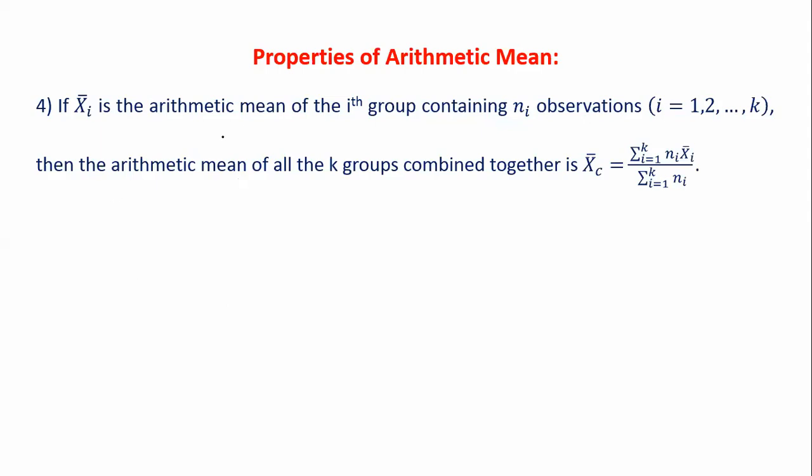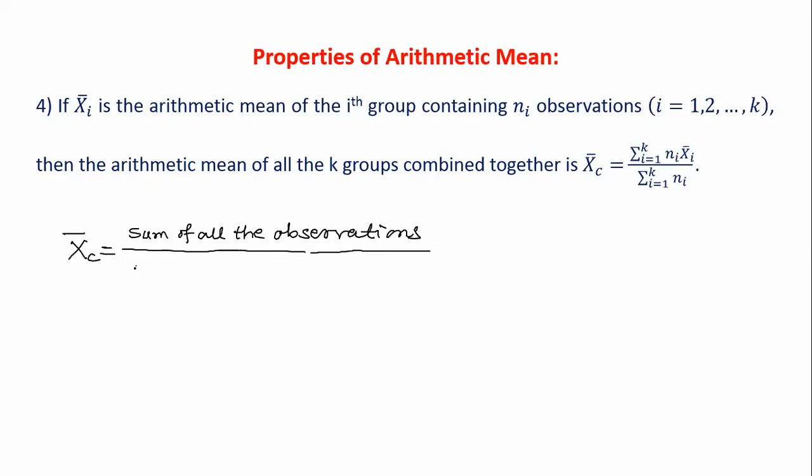No problem. So here, see, I will say combined mean is equal to, we know, sum of all the observations, we are proving logically, divided by total number of observations.